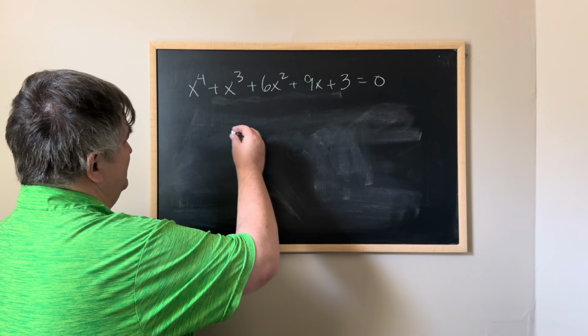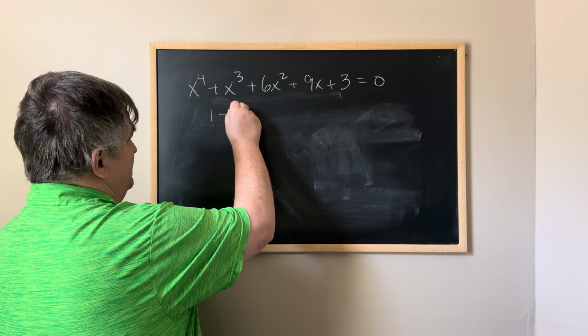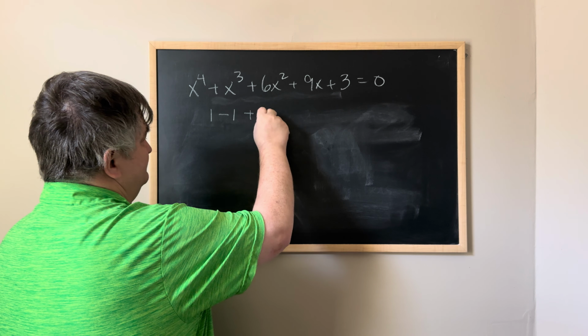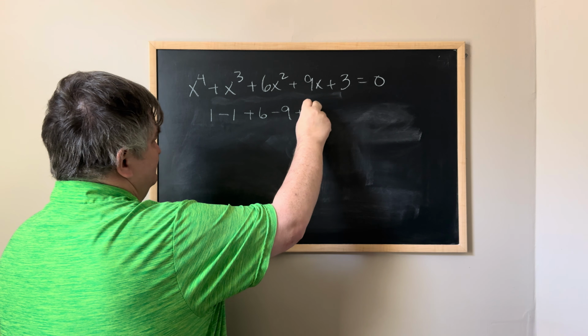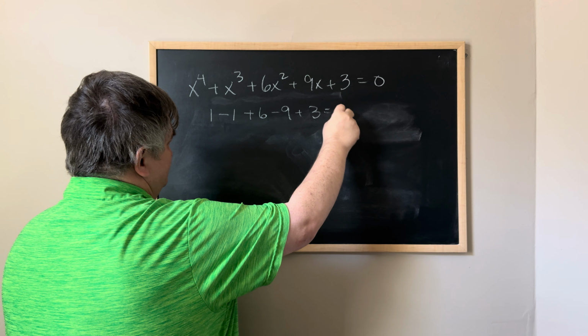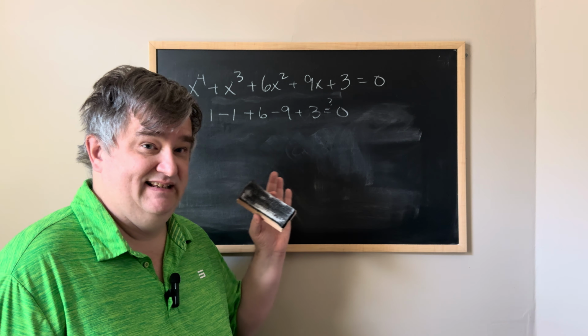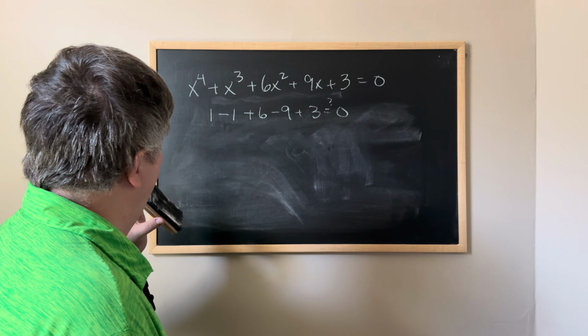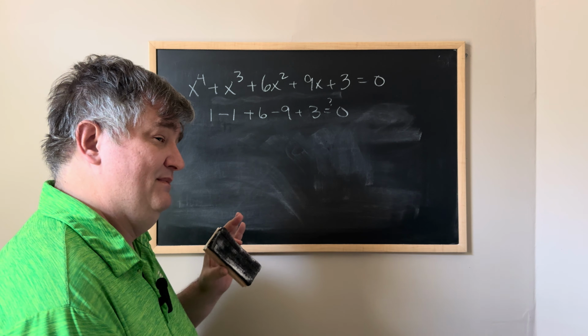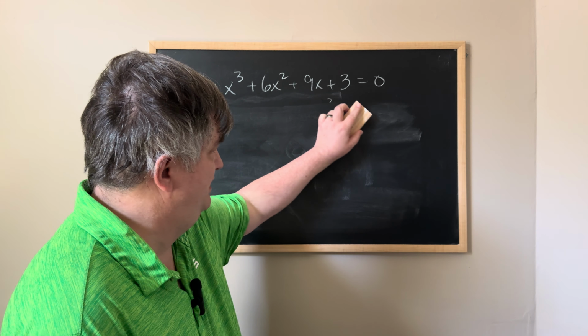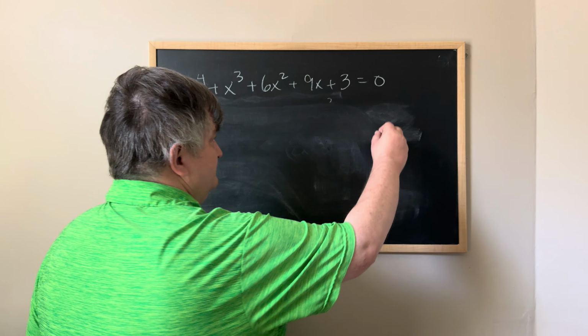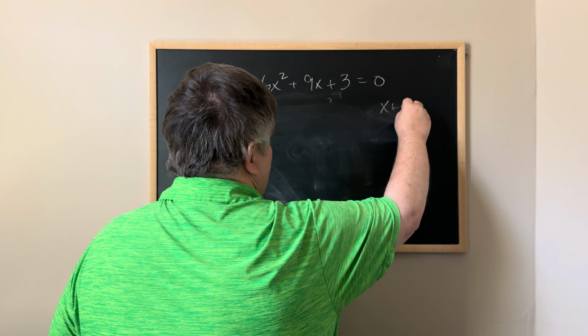So obviously -1 is the one I'm going to start with. And as we find out, this is a root. So -1 is a root. That means x plus 1 is a factor.